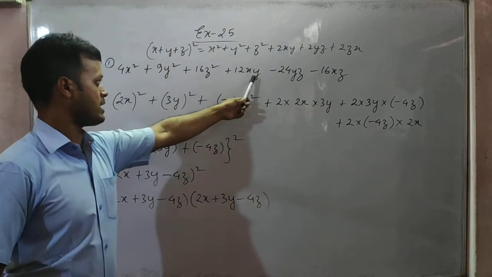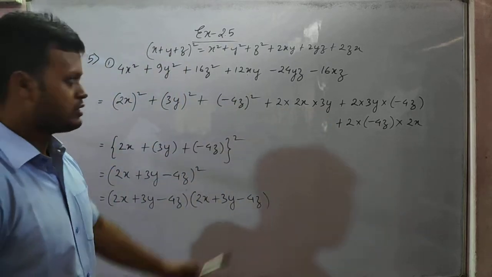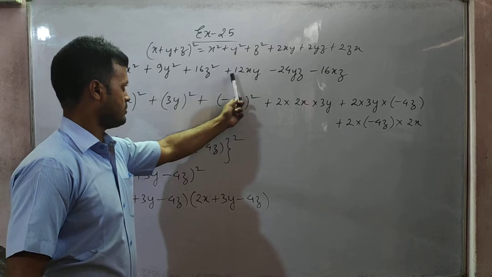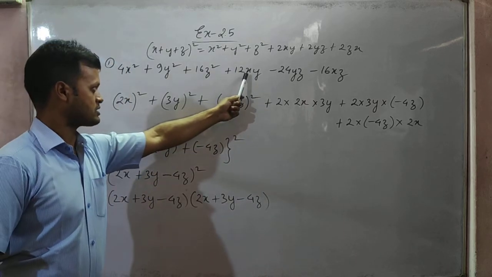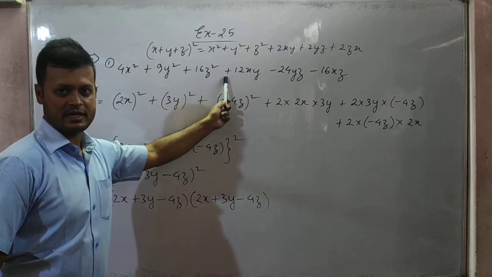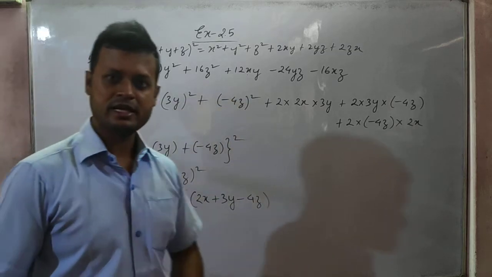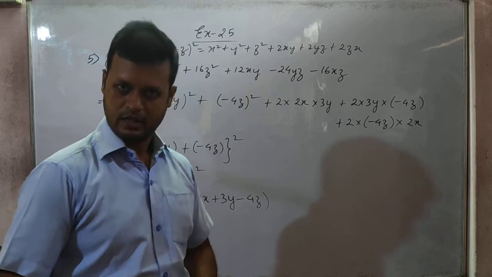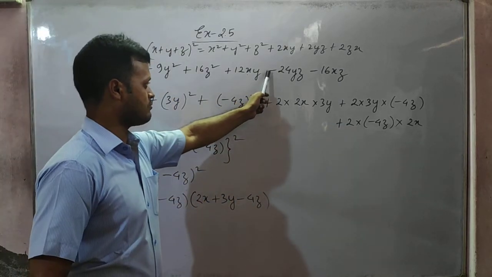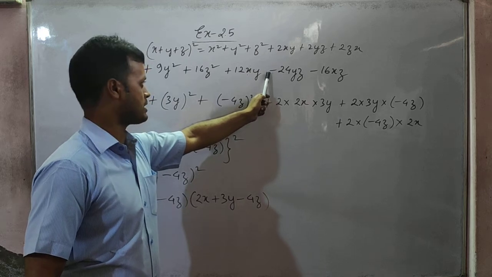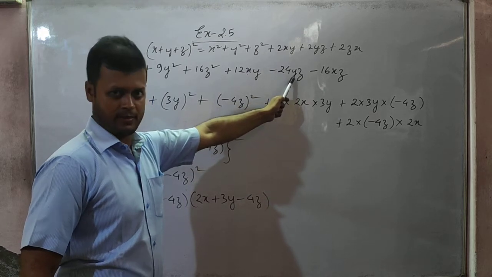So before 12xy, positive sign is there. I thought that means x and y both are positive. And this minus sign will come for which term then? This minus term will come for z.